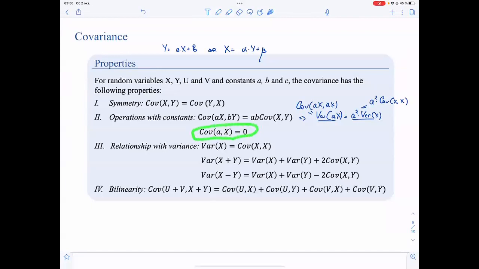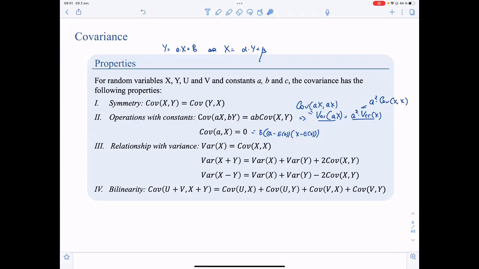if one of the random variables is a constant, then the covariance value is 0. And well, this is obviously because if you apply the definition, then the expectation of a constant is itself, minus itself gives you 0, and then you evaluate the expectation of 0 as a result.